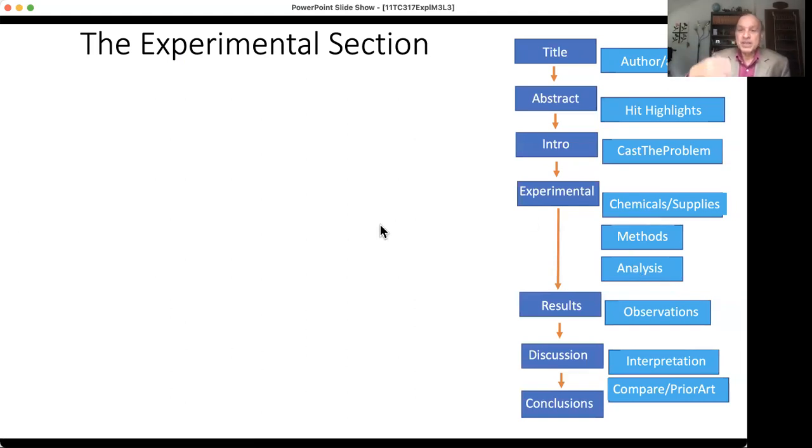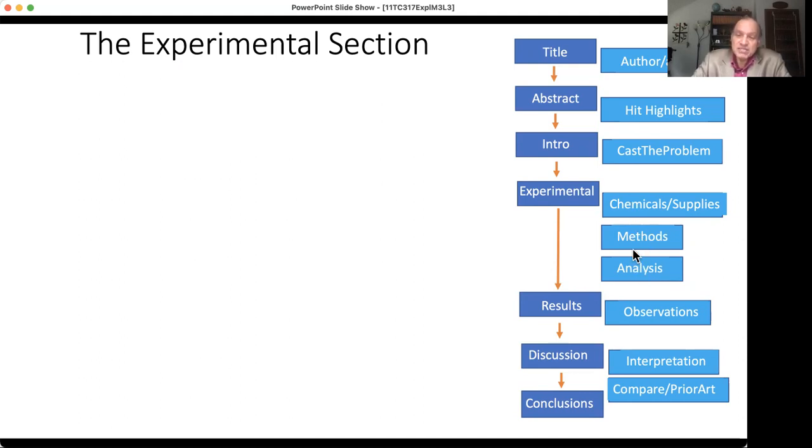Even for computational studies, of course, you don't have chemicals, but you do have supplies. What computers do you use, what generation, etc., and what software packages, what versions, and who is the supplier. So all that you mention, your method, how the computation was carried out, and then how the data were analyzed.